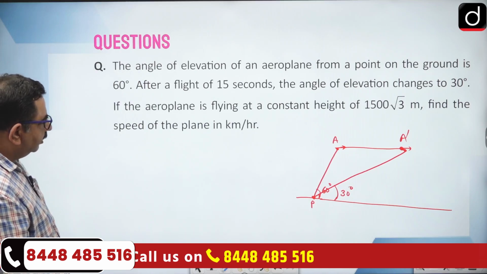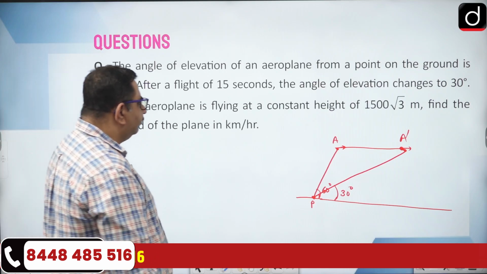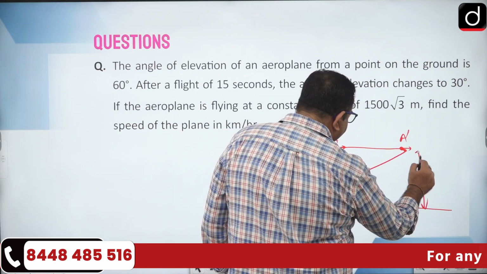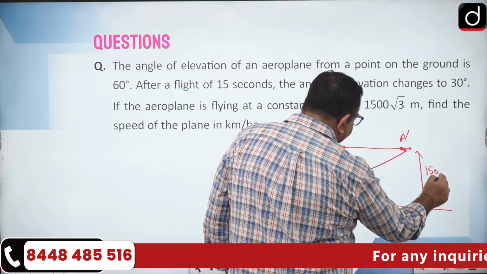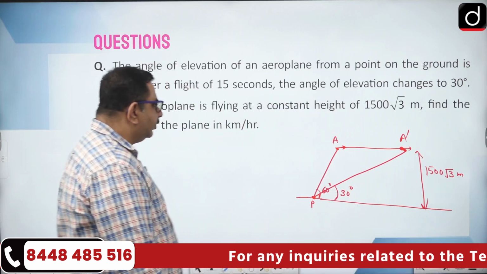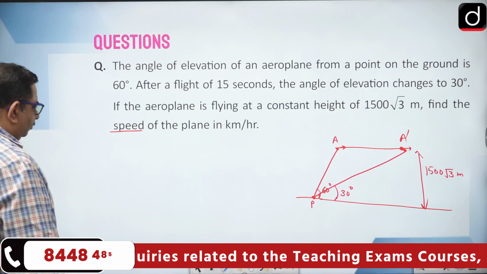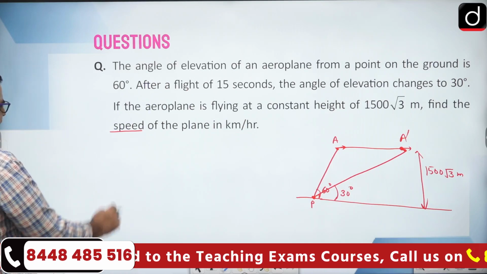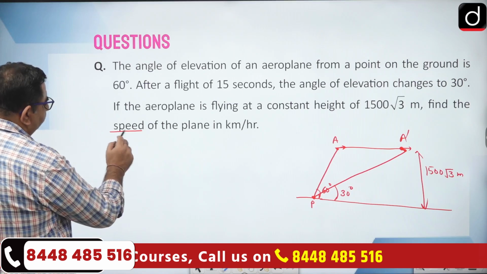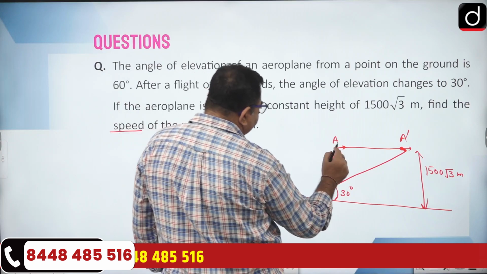Okay. Now the plane is flying at a constant height of 1500 root 3. So this height is 1500 root 3 meters. Okay. So we have to find speed of the plane. So can I say speed of the plane will be what? What is the distance traveled by plane in 15 seconds?